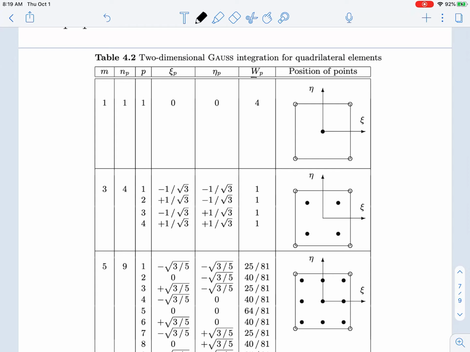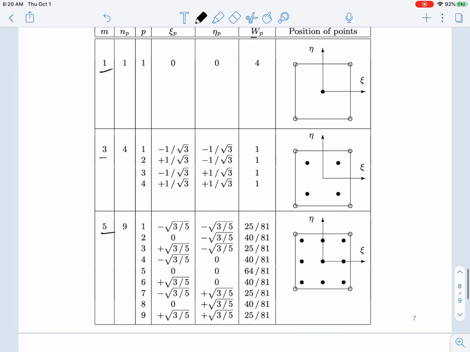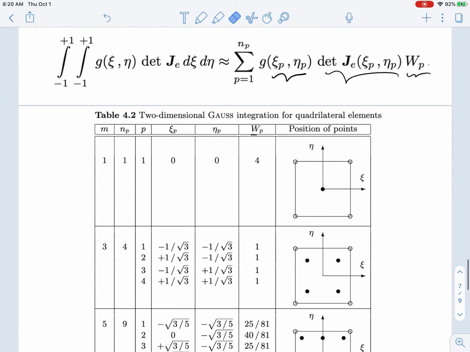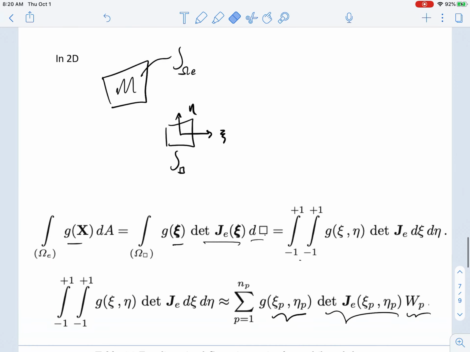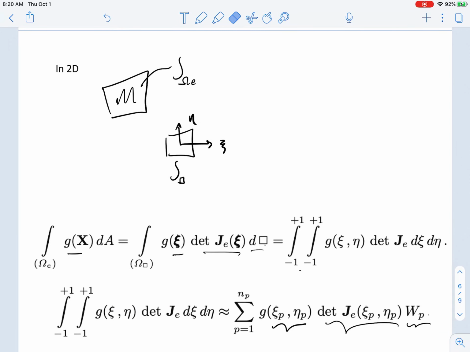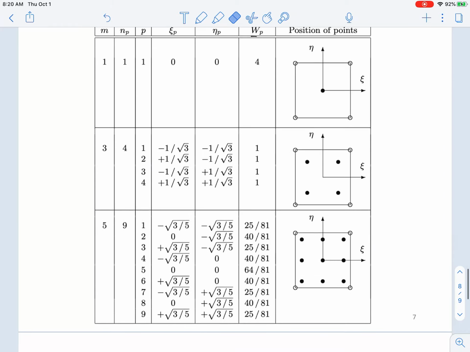Now, how many points should you use? That depends on the degree of the polynomial that you want to integrate. These points integrate some polynomials exactly. So 1 point will integrate a degree 1 polynomial exactly, 4 points degree 3, 9 points degree 5, and that's it.